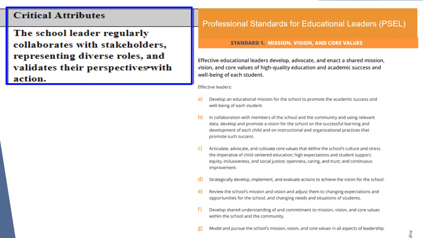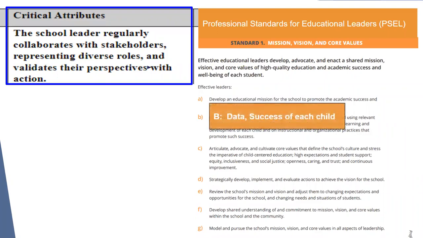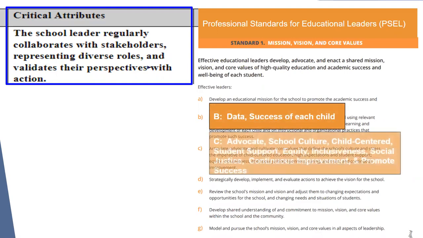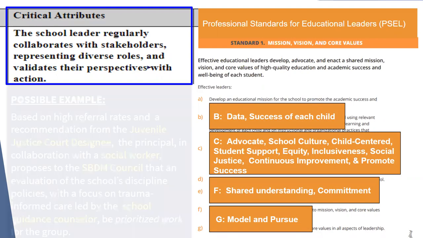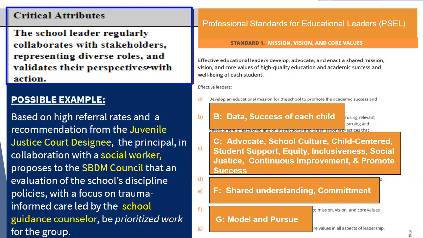As previously discussed, critical attribute number 1 connects to several elements in Standard 1, specifically elements B, C, F, and G. There are many ways this critical attribute might be applied in the work of a principal. However, let's examine a possible way one might see this critical attribute come to life at the accomplished level. Look at the possible example.